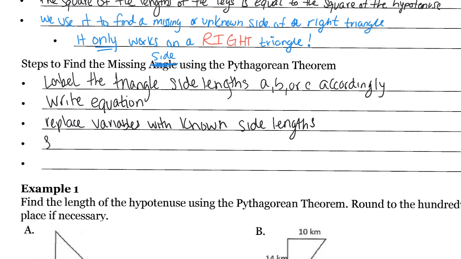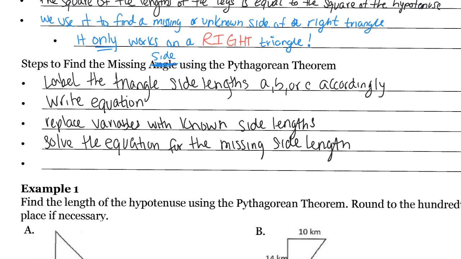Then we solve the equation for the missing side length. And that could be A, B, or C. And then we always label our final answer. So even though it's the last step, it's an important one.